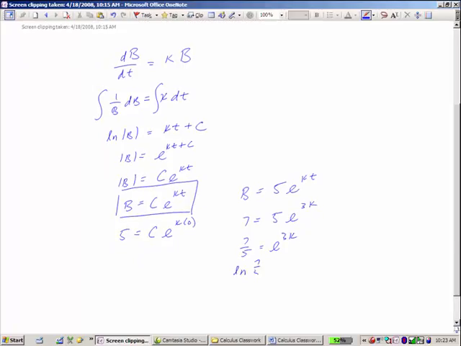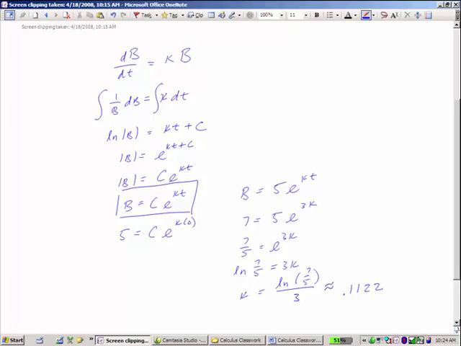ln of 7/5 equals 3k. k equals ln of 7/5 divided by 3. 0.112. Keep going. Give me one more decimal. 1. Okay. 5.